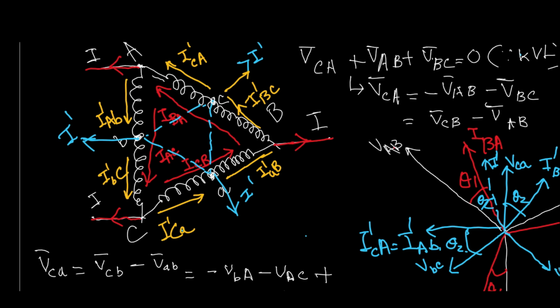So we can write this will become plus VAB, so it will become plus VBC, sorry, plus VCA. VAB, we are getting VBA, VCA, right?